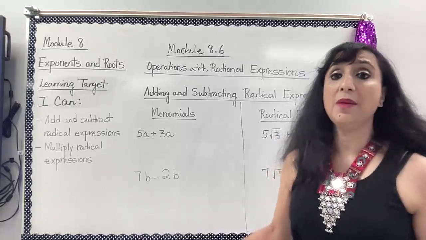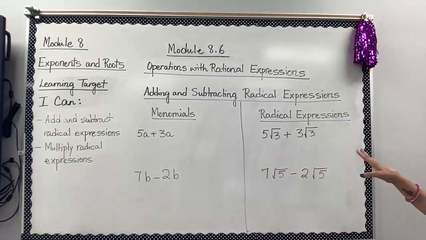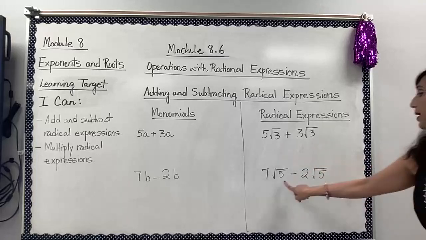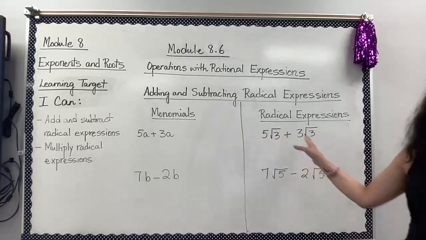The same holds true for radical expressions, but in this case, the radicands must be alike. Let me show you how to do this. I'm just showing you the similarity.